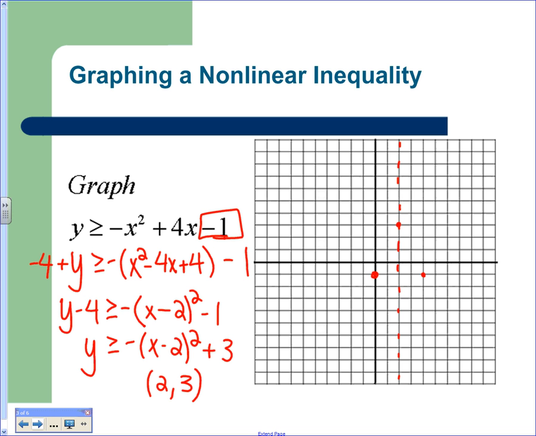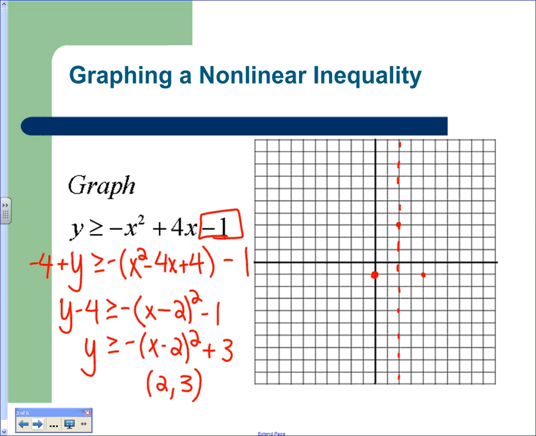All right, what other point do you want to do? You can use 1, you could use 3, you could use 5, you could use negative 1. Sean said use negative 1. That's fine. What is negative 1 minus 2, squared?